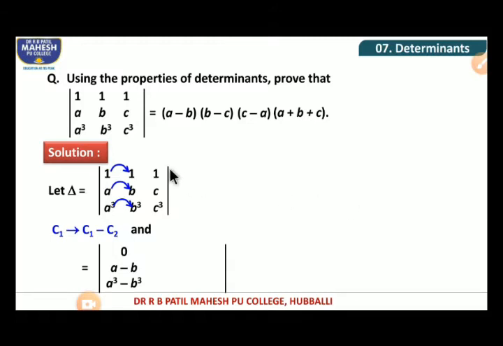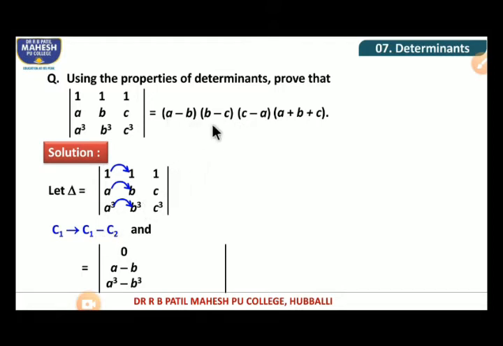Similarly, we can apply to get b minus c, because here we have to observe the RHS terms. The RHS term is the whole product of a minus b, b minus c, c minus a, into a plus b plus c. So for that we have to get a minus b and b minus c first. Here I am doing these operations. By operating C1 changes to C1 minus C2, we get the value of a minus b.